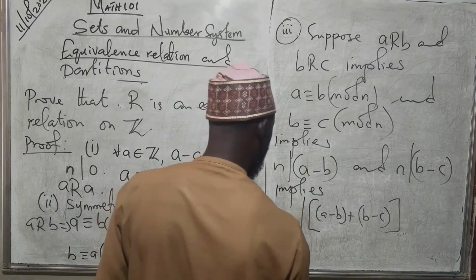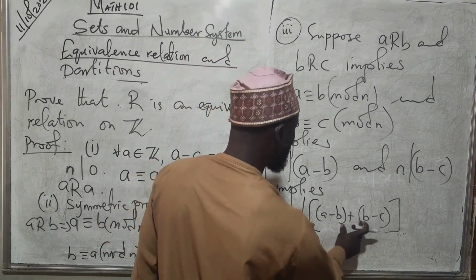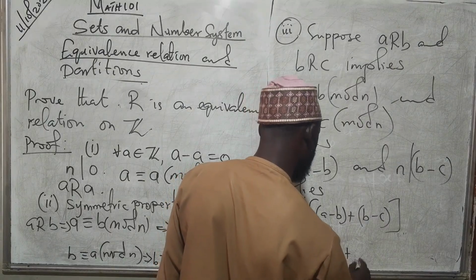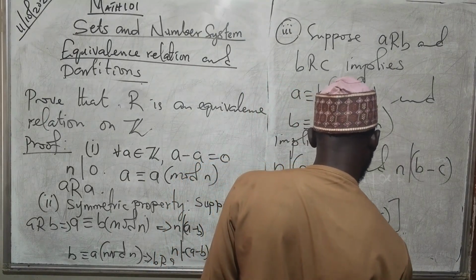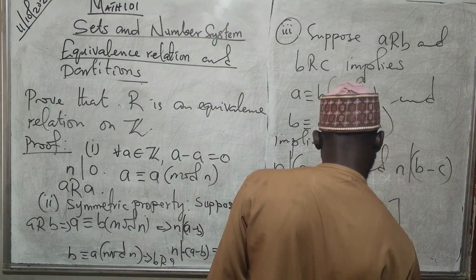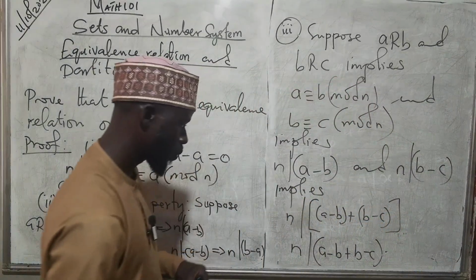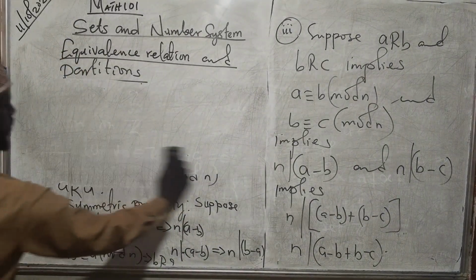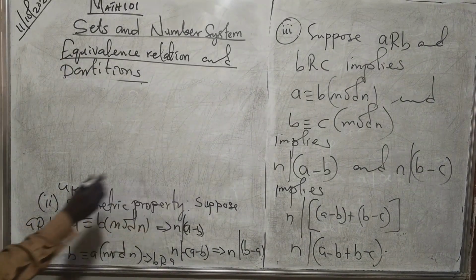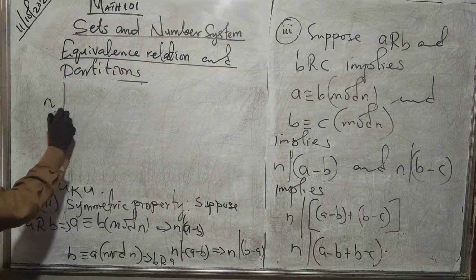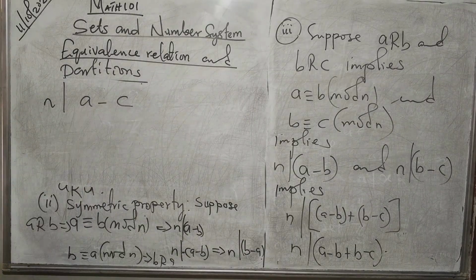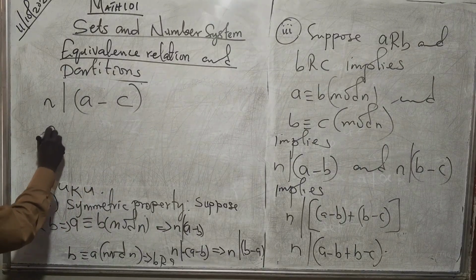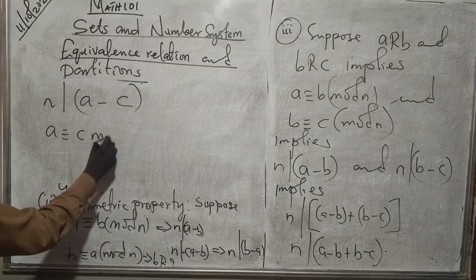And so n divides, if you add, you have A minus B plus B minus C. And that implies what? That implies n divides A minus C. Which means A is congruent to C modulo n.